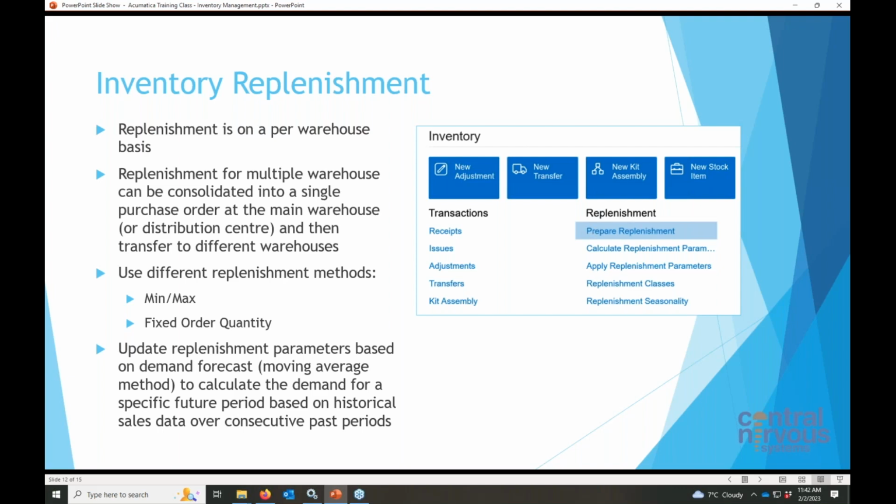I might want to start looking at what I did in March 2022 to determine what my stock and replenishment is going to be needed for March 2023. And that will help guide me into determining what the replenishment needs are, in conjunction with lead times from vendors, current supply chain issues, etc.